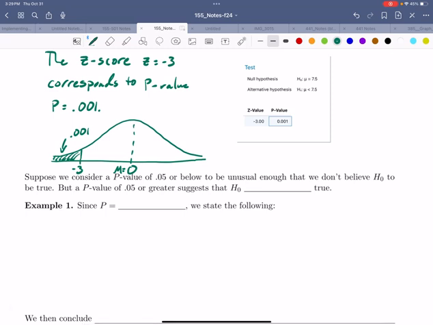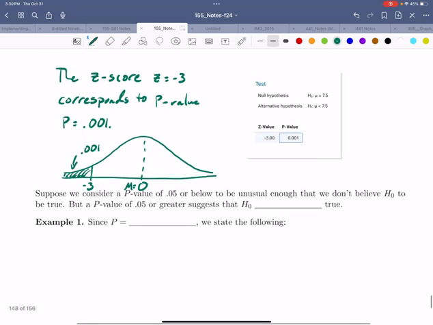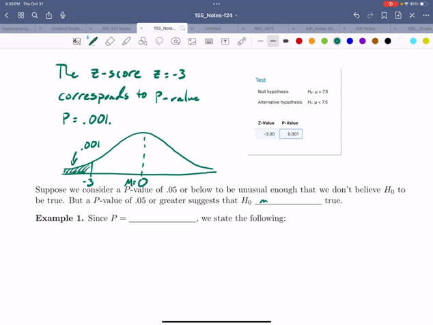Suppose we say that a p-value of 0.05 or below is unusual enough that we don't believe the null hypothesis is true. But a p-value of 0.05 or greater suggests that H naught might be true.